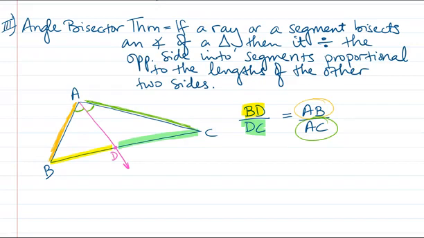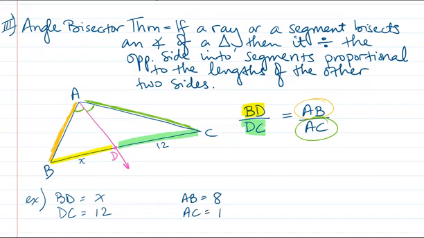All right, here's an example. Let's say BD is X, because we don't know what that is, but we do know that DC is 12, and AB is 8 and AC is 16.